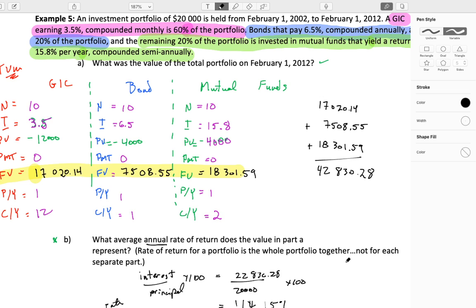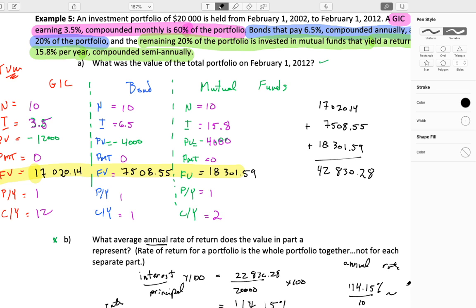Now my annual rate of return simply is, I take my return rate, which is 114.15%, and I divide it over 10 years.